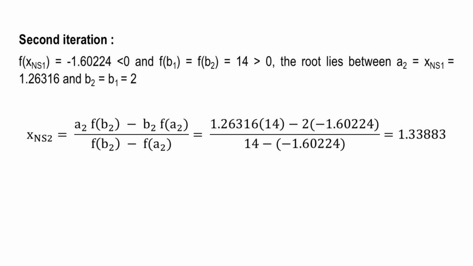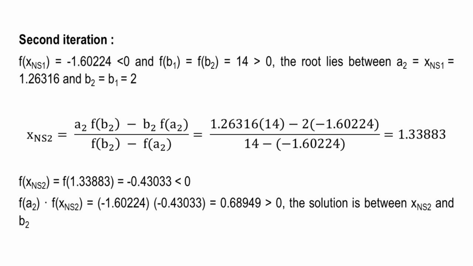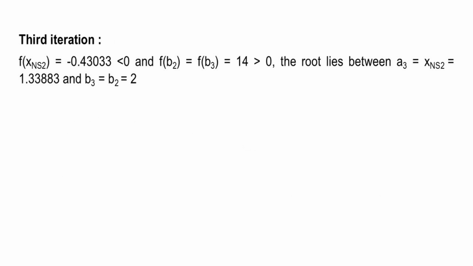Computing the value of f(x sub ns2), where x sub ns2 is equal to 1.33883, the resulting value is minus 0.43003. For our third iteration, f(x sub ns2) is minus 0.43003, and f(b sub 2), now f(b sub 3), is 14.